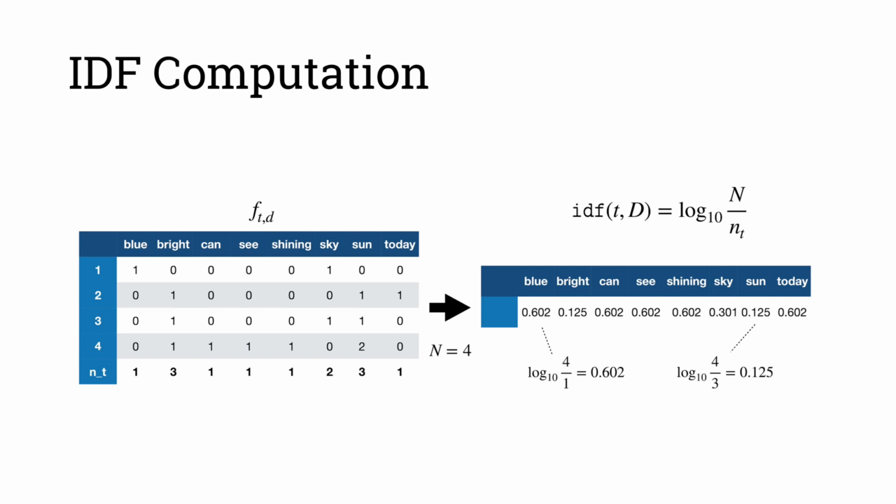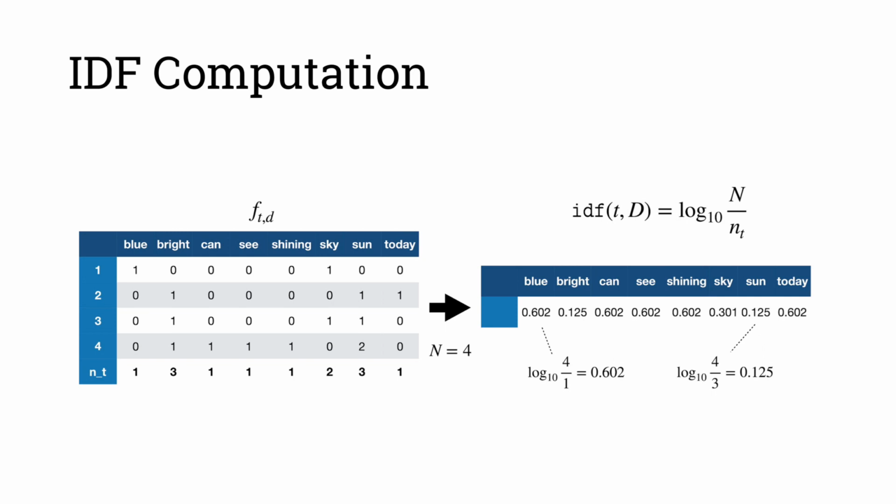Next step is inverse document frequency computation. In this step, you will make a note of in which documents, or how many documents, this word has occurred. So you can see that bright has occurred in 3 documents and can has occurred in only 1 document. And once you have that list ready, you can compute IDF using the formula.